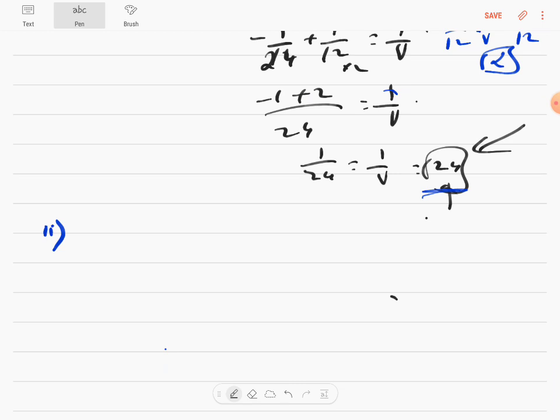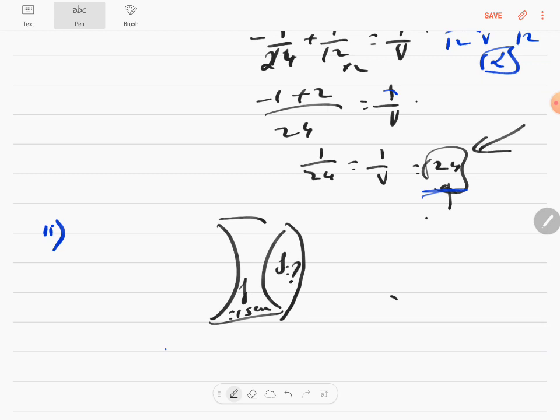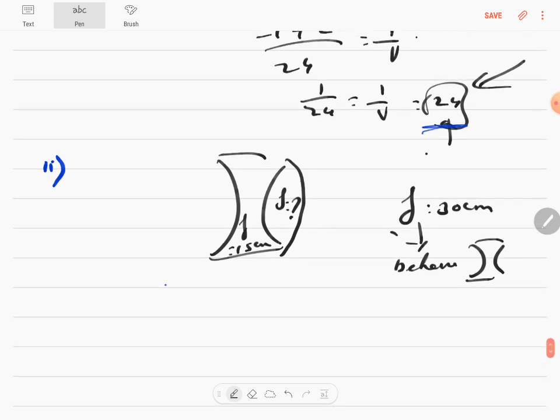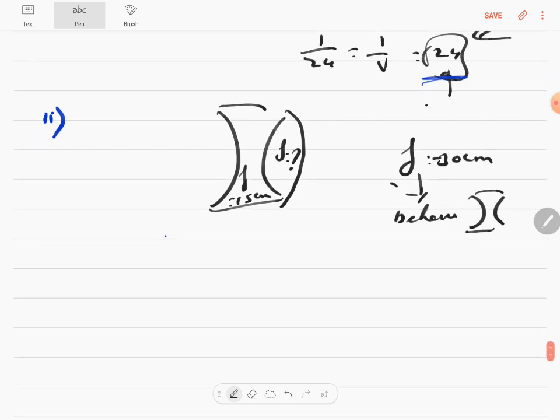The combined focal length is 30 centimeter and it behaves like a divergent lens, which means it behaves like a concave lens, so the combination's focal length has to be minus 30.